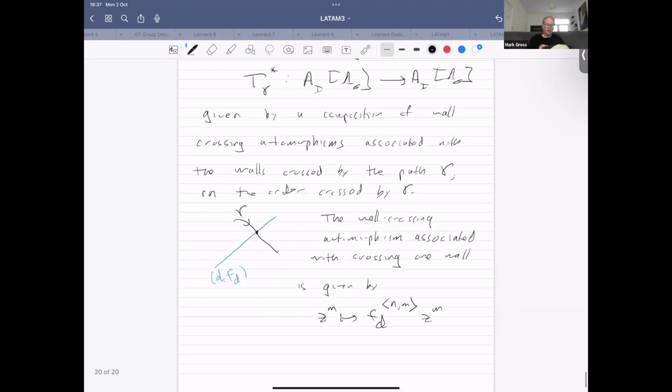So remember that Z to the M represents an element of lambda sigma.